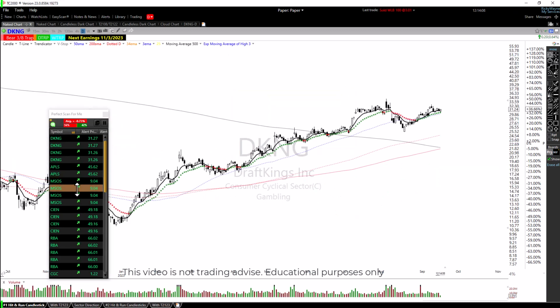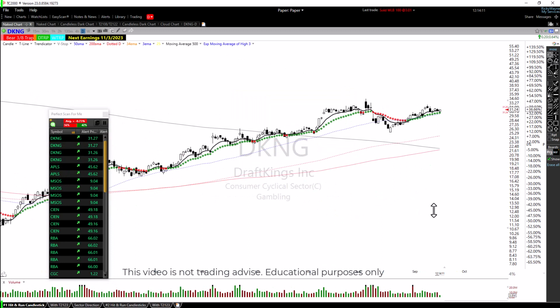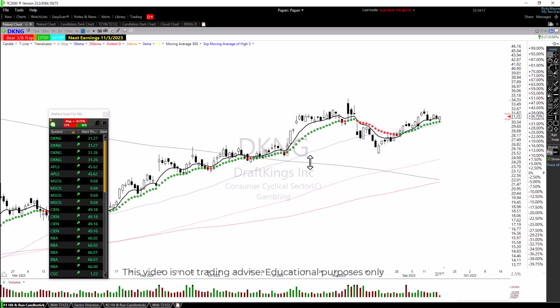The scan is not going to make your money. What's going to make your money is you having the ability to read a chart. This will give you charts that are in fact within the parameters that you've entered. So if you don't make money, then it comes down to you as the trader.